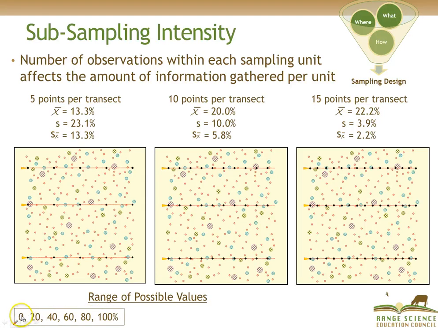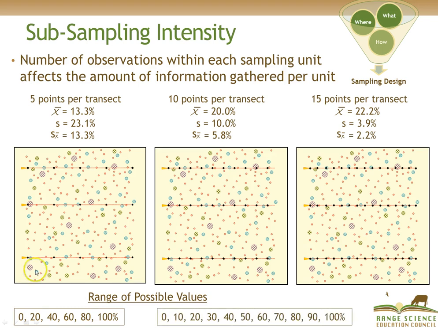You could measure either 0, 20, 40, 60, 80, or 100% cover. Compare that to the range of possible values that can be measured if you increase that to 10 points per transect. So these are things to consider when making decisions about subsampling intensity.